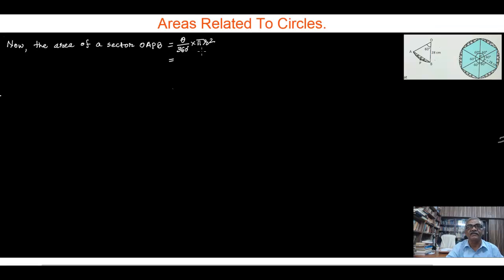Here theta, the angle subtended by the sector, is 60 degree, which we came to know earlier. That is 60 by 360 into pi equal to 22 by 7, r equal to 28, whole square.